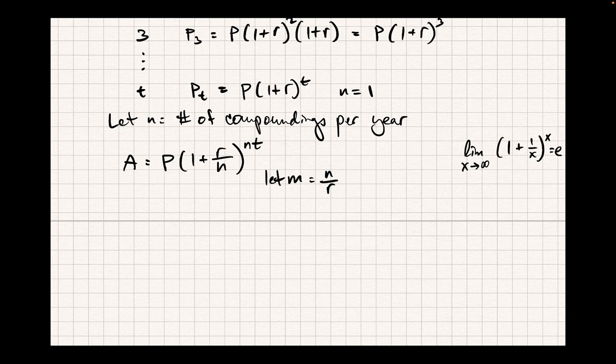So what's my formula if I substitute in m? P times 1 plus r over mr, to the mrt. Okay, so I'm introducing a new variable and I'm substituting in for n.